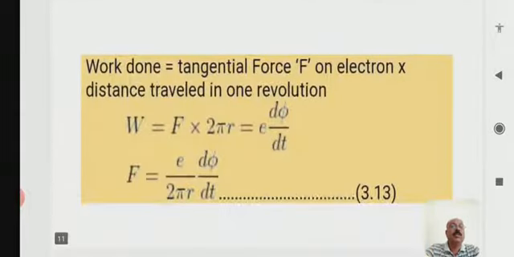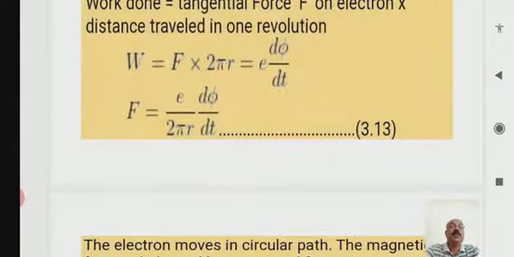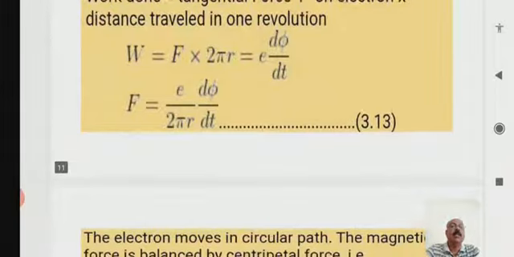Then work done is equal to tangential force on electron x distance traveled in one revolution. That is W is equal to F into 2 pi r. We know that W is equal to e d phi upon dt. So then F is equal to, we change that equation as e d phi divided by 2 pi r into dt, call it equation number 3.